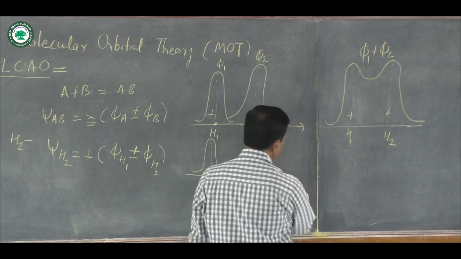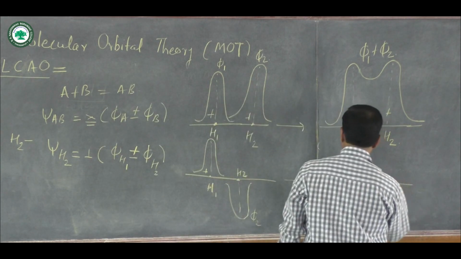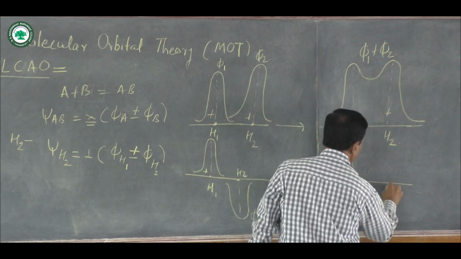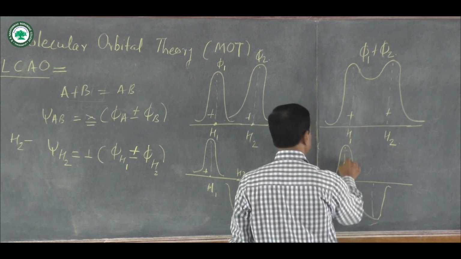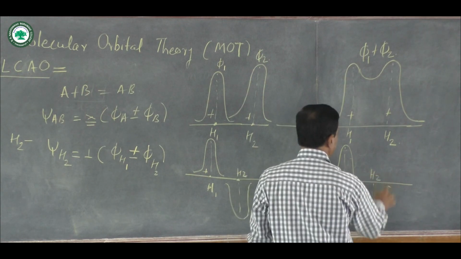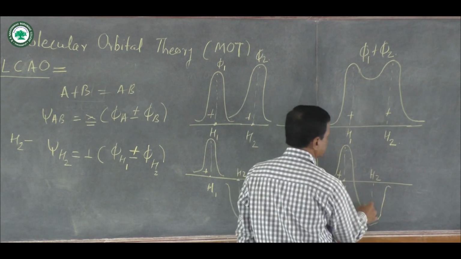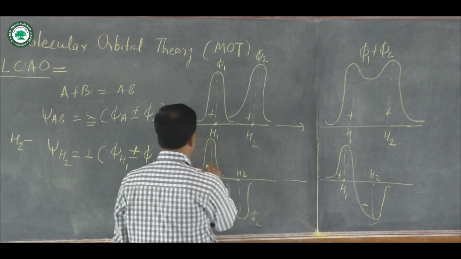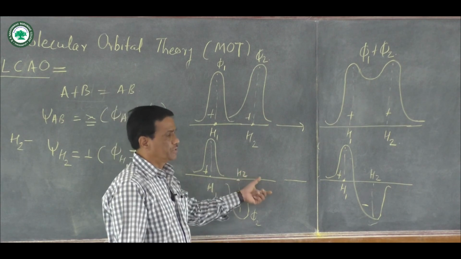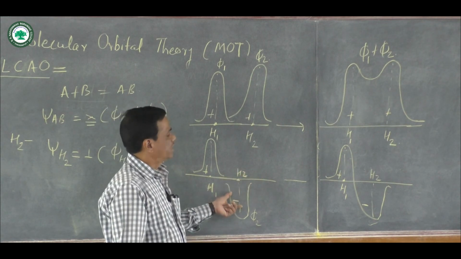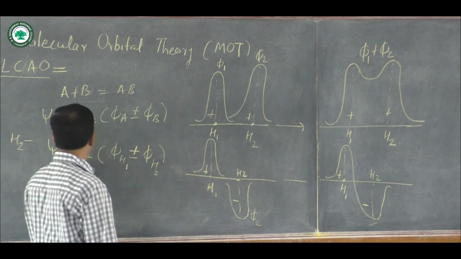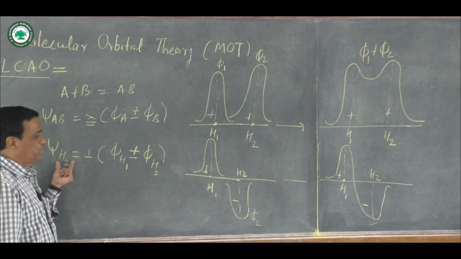When subtraction occurs, the wave function is represented with a plus and a minus, and that graph lies outside that boundary line. That addition and subtraction is represented for a homonuclear diatomic molecule.